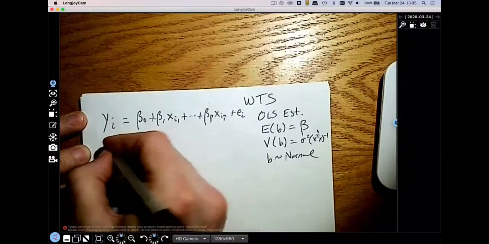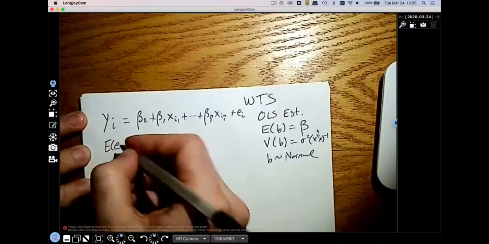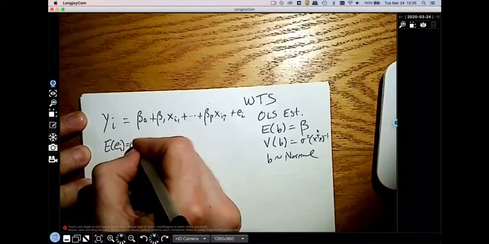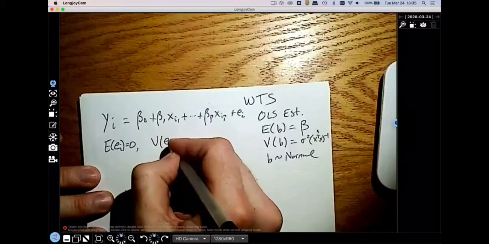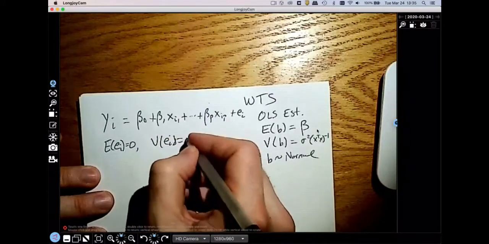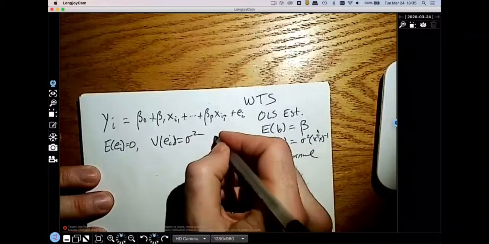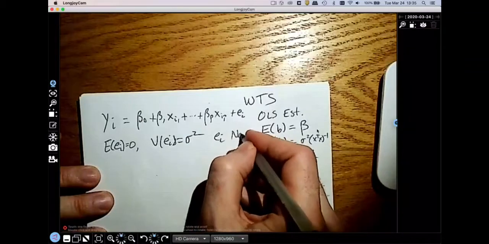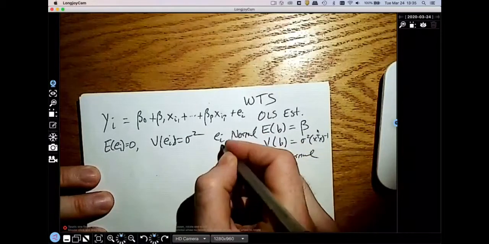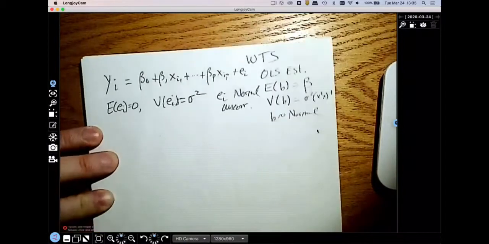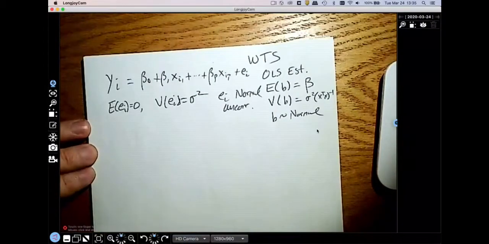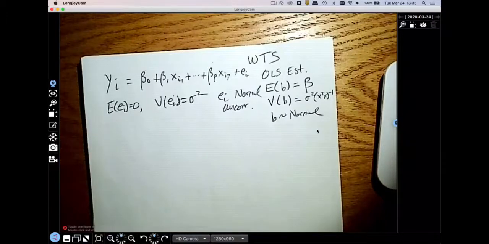I'm going to assume that the expected value of these errors is 0, the variance of the errors is sigma squared, and the errors are normal and uncorrelated.